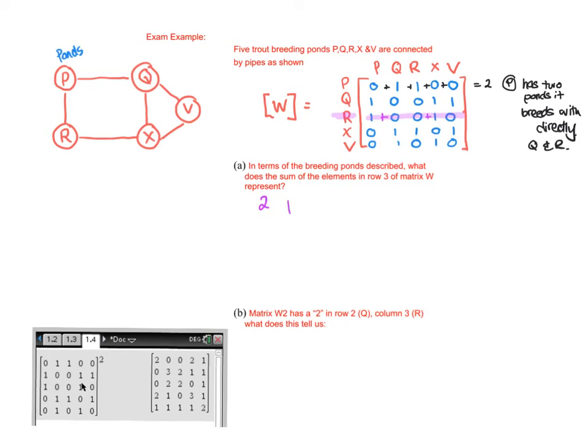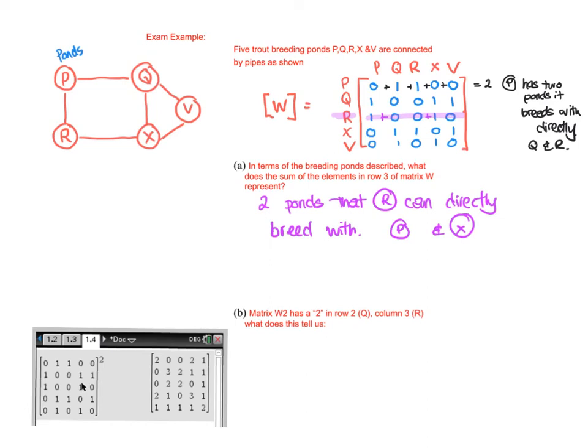There are 2 ponds it can directly breed with, and if you look at that, they are P and X. So it's the total amount of ponds it's directly linked to, which is 2.